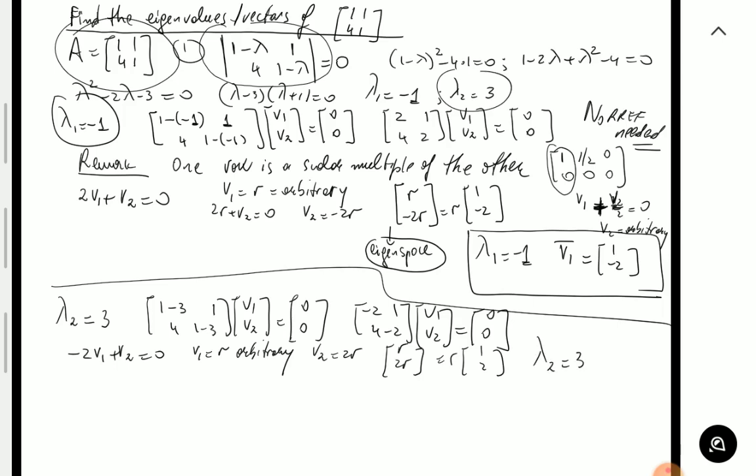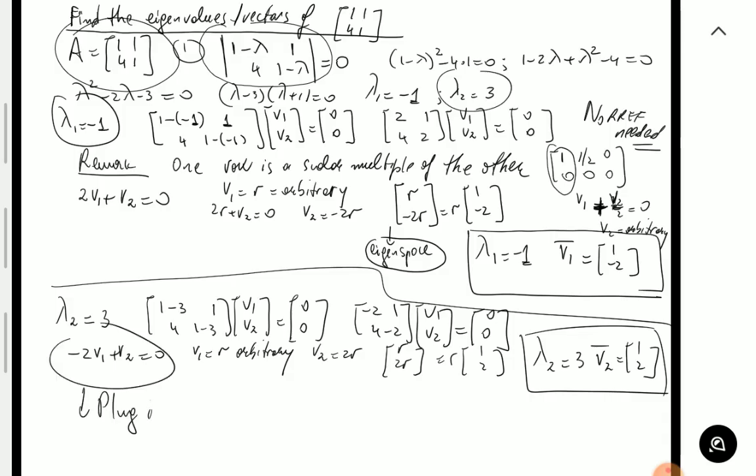So what I actually encourage you to do in the 2x2 case, starting from here, is plug in a convenient value for V1 or V2 and solve for the other. Any combination will do.